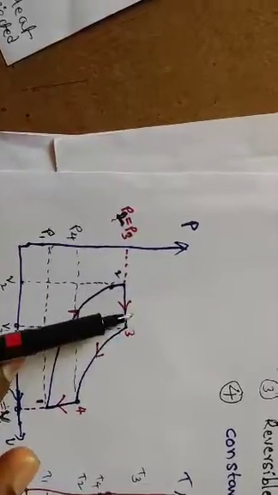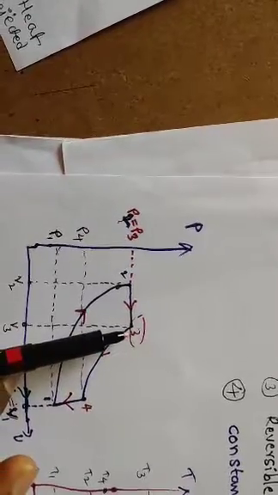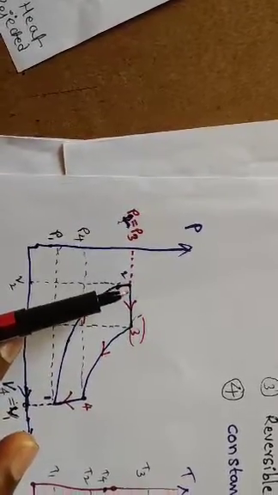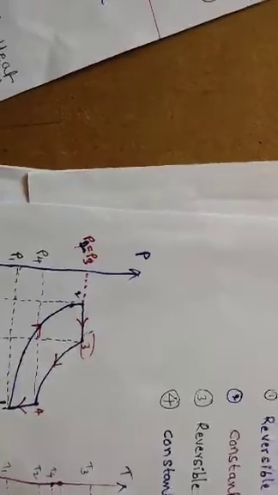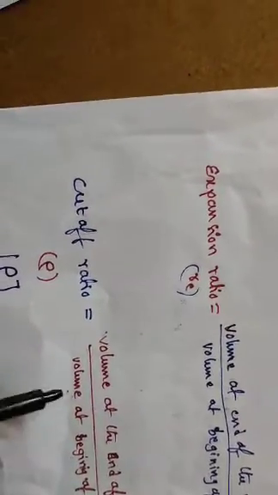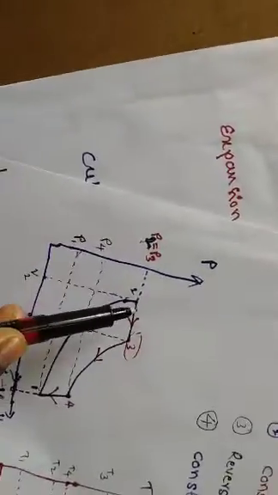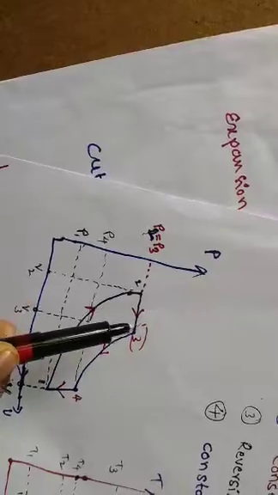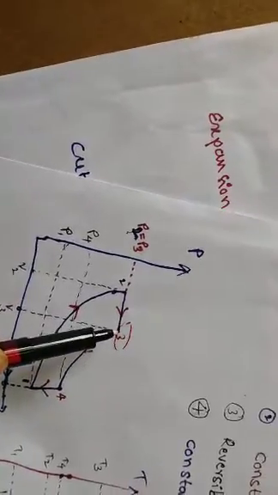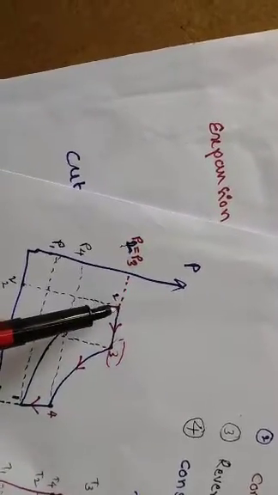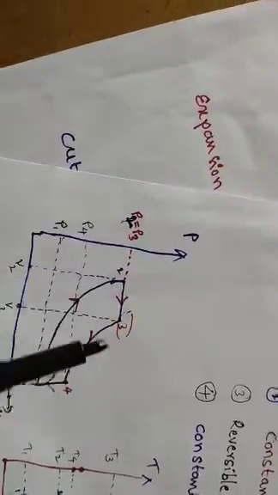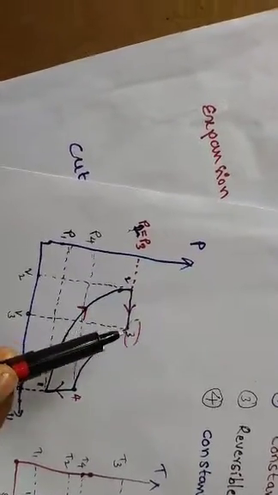So V3 divided by V2, the volume at the end of the heat supply by the volume at the beginning of the heat supply, is the fuel cutoff ratio. That's why V3 by V2 is nothing but the fuel cutoff ratio, therefore it is denoted by rho. Therefore rho is equal to V3 by V2.